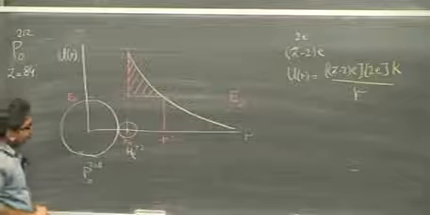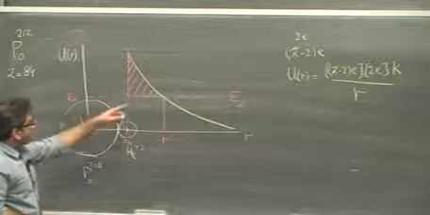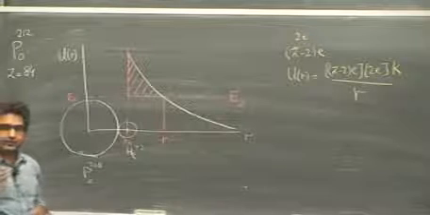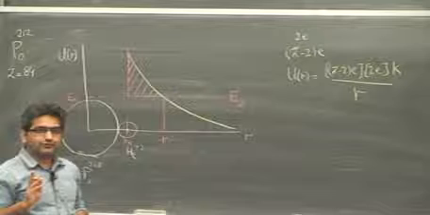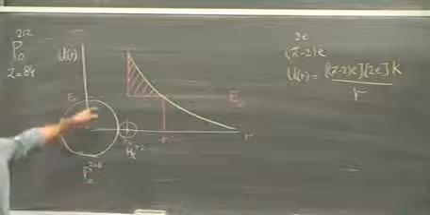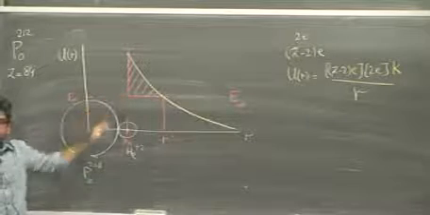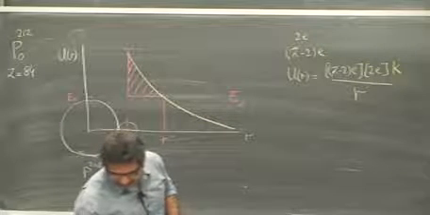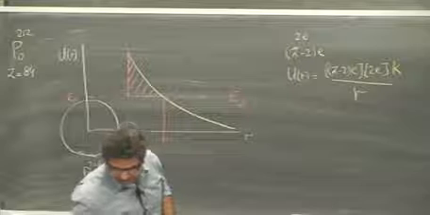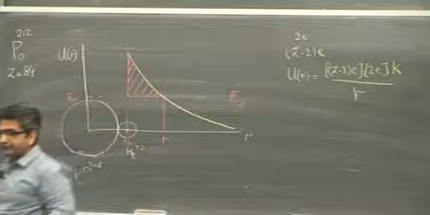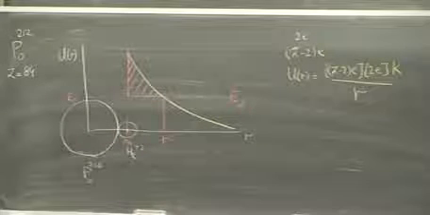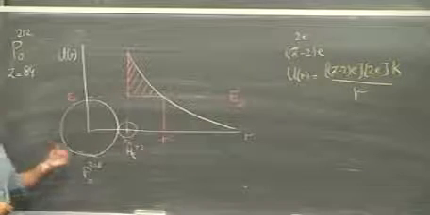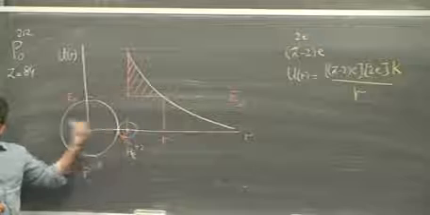Now, in order to calculate the transmission coefficient, first of all, remember, we calculated the transmission coefficient only for the rectangular barrier. This is not a rectangular barrier. This is just to show how you would construct the potential.